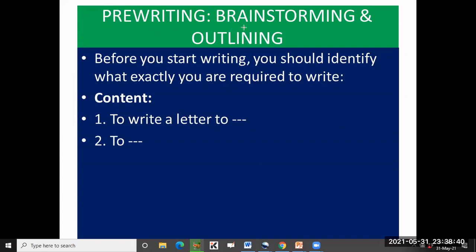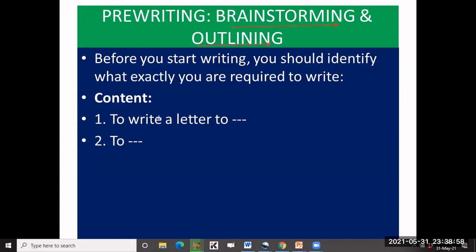Brainstorming simply means to think critically about what you are going to write. You know, you need to plan. Every good thing requires planning. And then outlining, we follow the brainstorming.